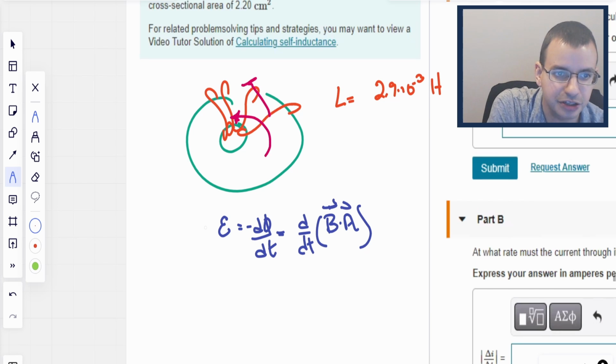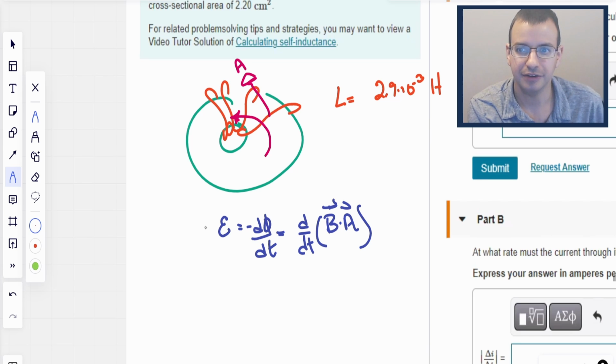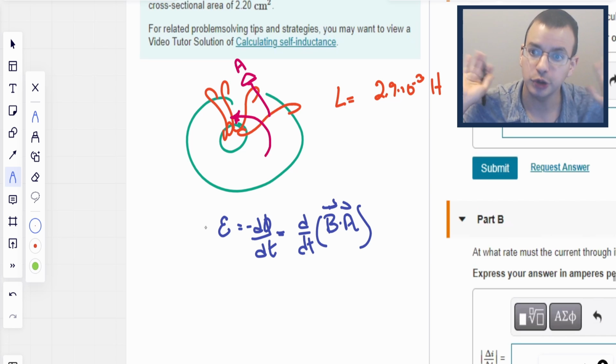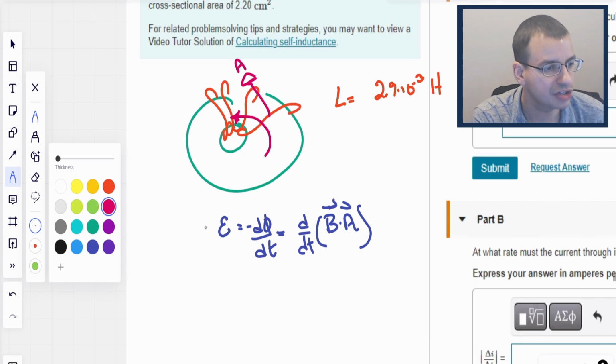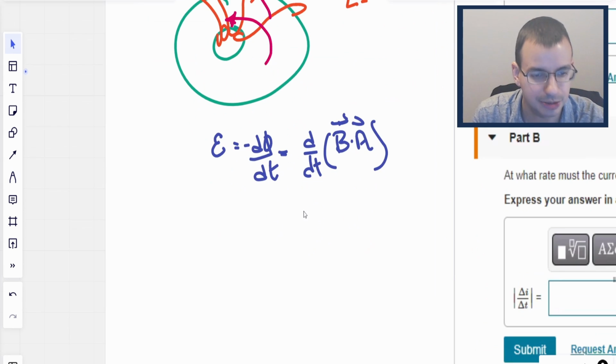The area vector is perpendicular to the cross-sectional area of our donut, the toroid, and the magnetic field basically goes along with it. The dot product is a measure of how parallel two vectors are, and they are parallel.